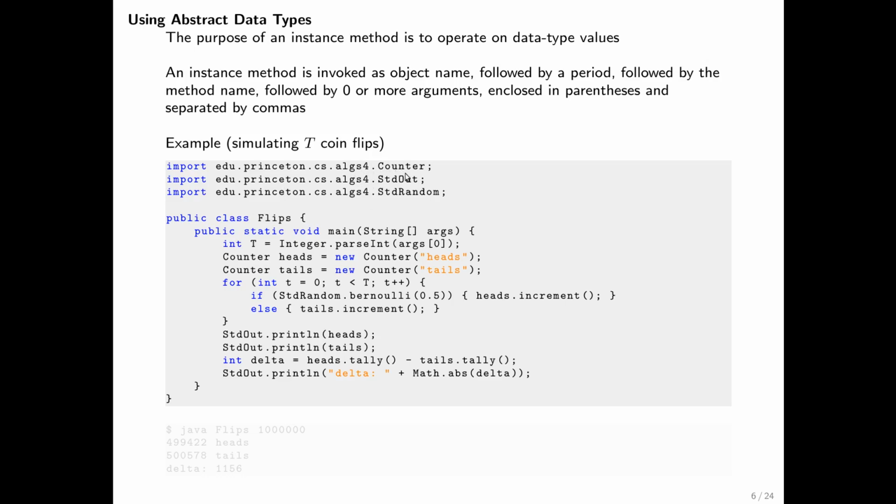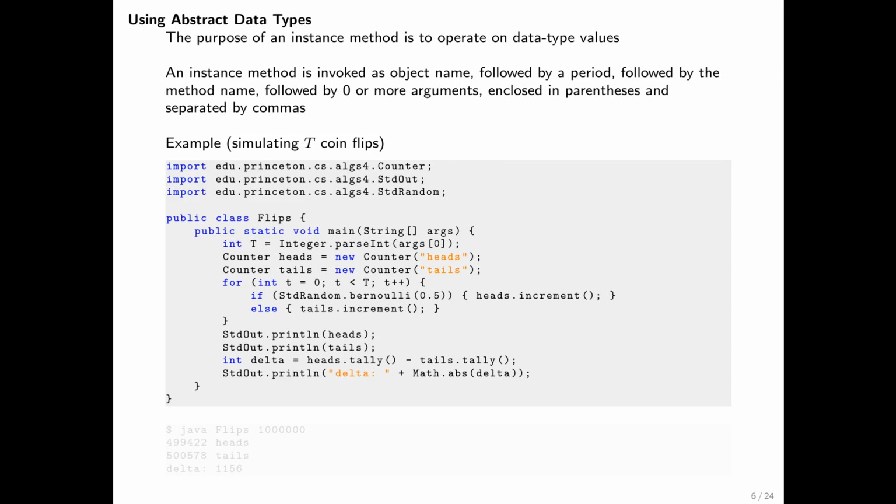We import the Counter data type from this package, and we also import the libraries StdOut and StdRandom. Now Counter is an ADT, and StdOut and StdRandom are libraries of static methods. This program is going to make use of the Counter data type to just keep track of the number of heads and number of tails.